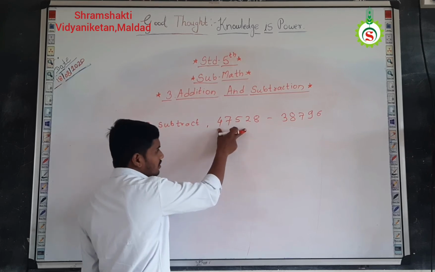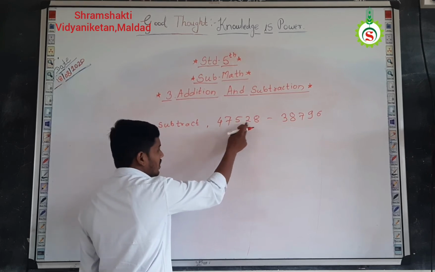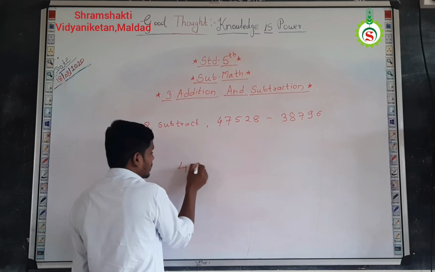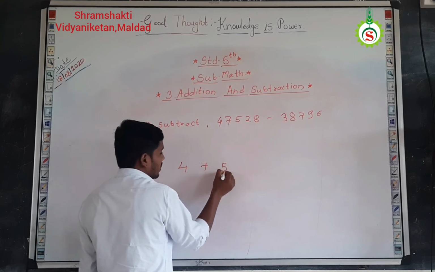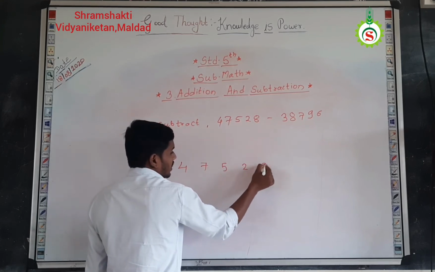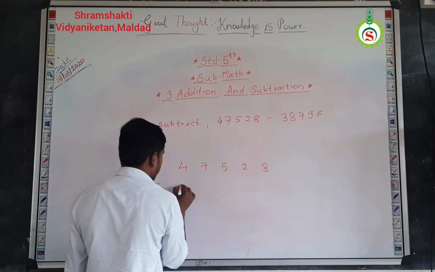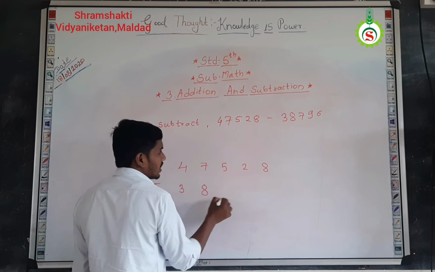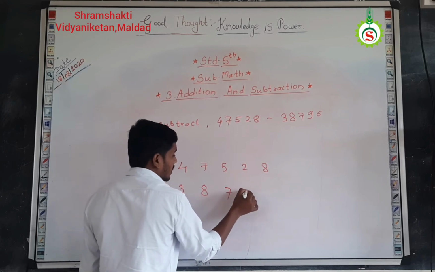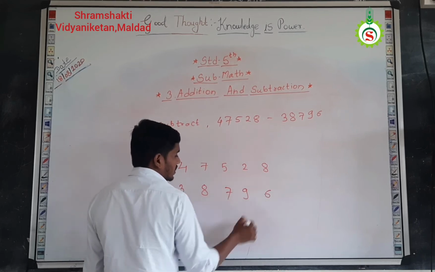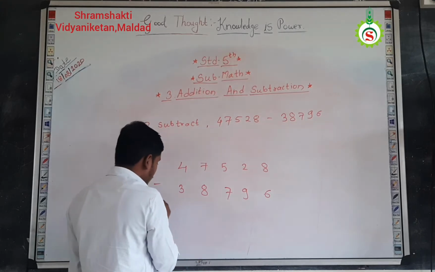Which is the larger number? That is 47,528. So firstly I will write 47,528, minus which number I have to subtract? 38,796. That number I have to take.